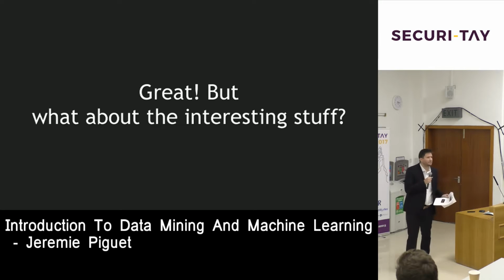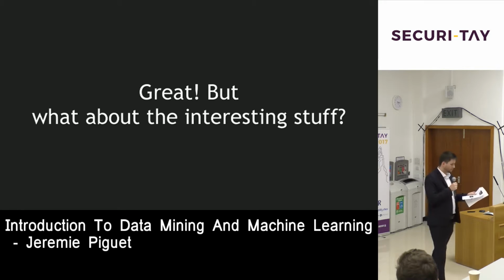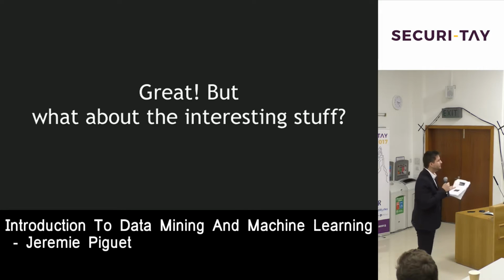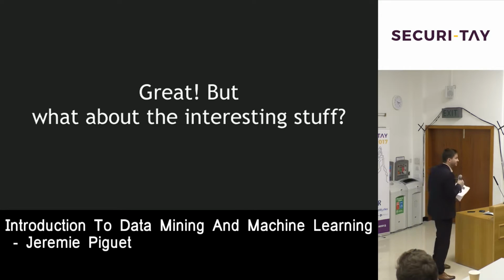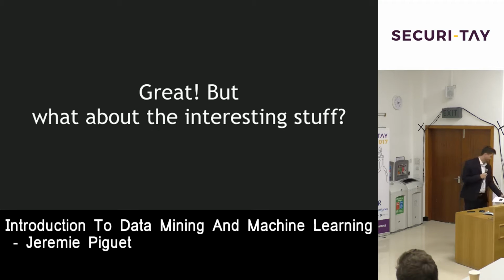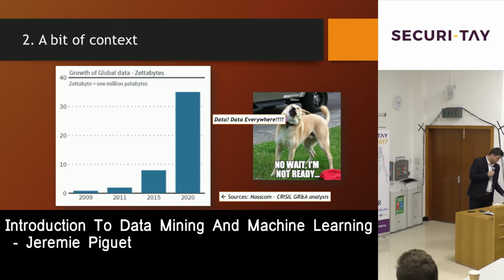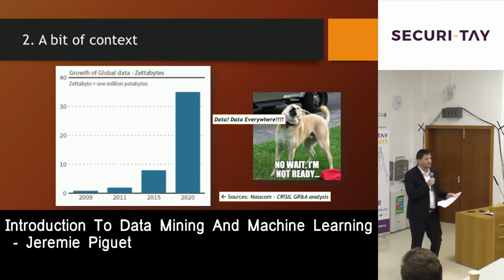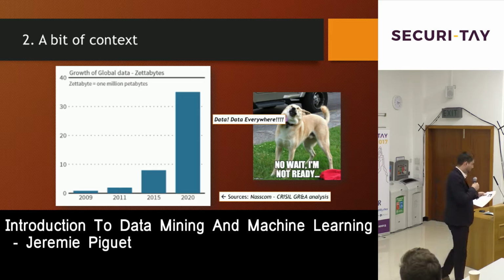Okay, but first let me give you a bit of context into my presentation. When you work in a company, sometimes you have to make decisions, and these decisions are often based on data. So the problem is that when you want to exploit that data, it may be too big or beyond understanding, especially in the last few years where the amount of data rose exponentially.